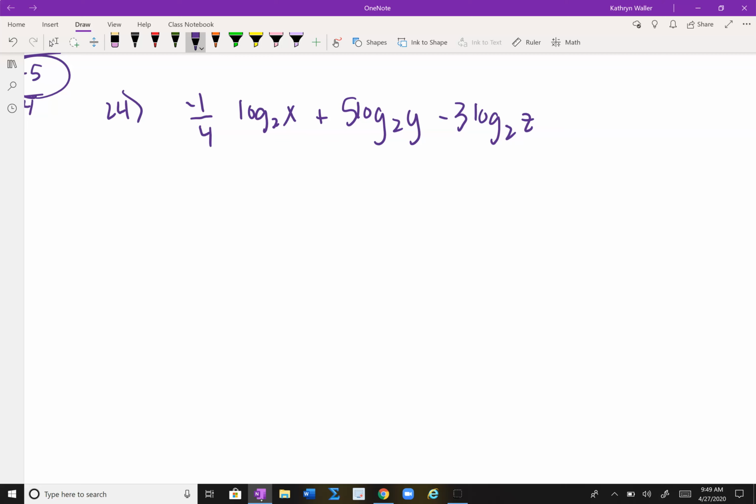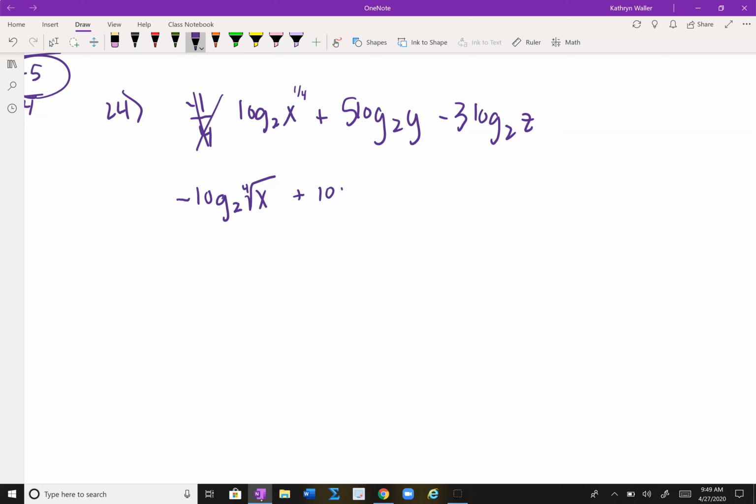I don't like that, so I'm just going to leave the negative there. I'm going to take the 1/4 up as a fractional exponent, and that is the 4th root of x. So I pulled the 1/4 up, I left the negative, and it's the 4th root of x.